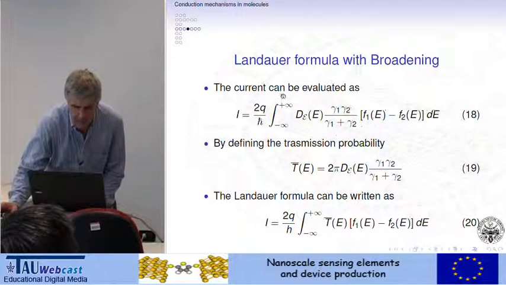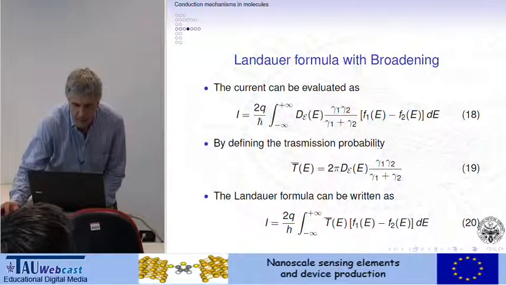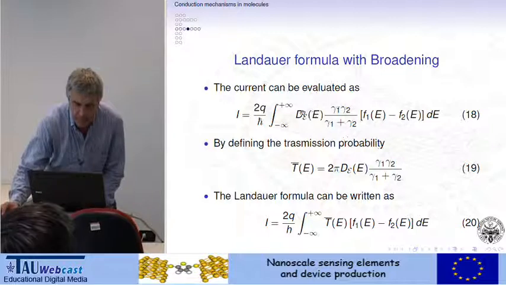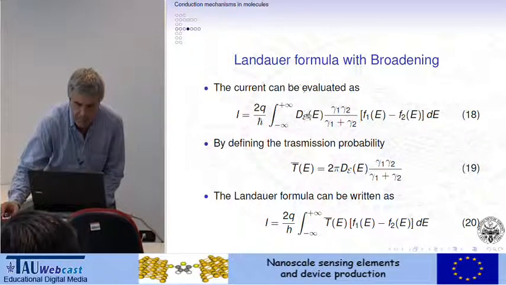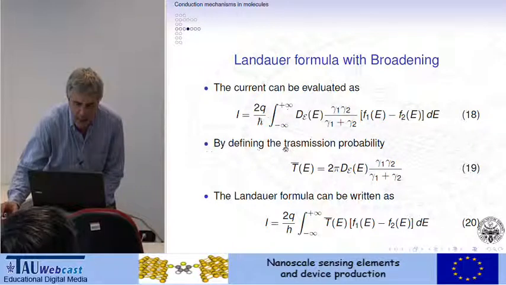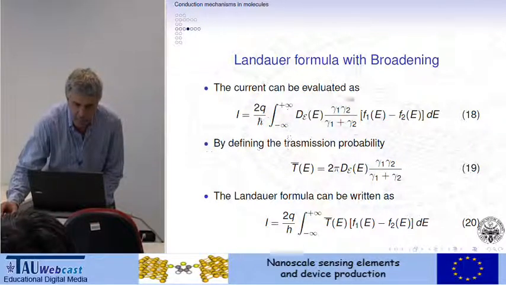This one is the original part of the Landauer formula. We introduce the density of states derived from the broadening of the molecular level, and integrate this expression over all the possible energies.